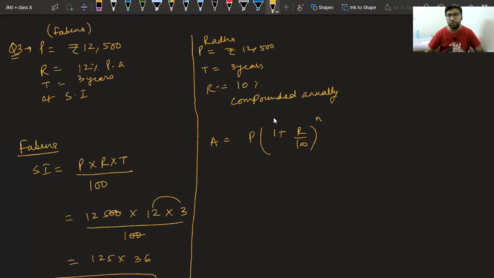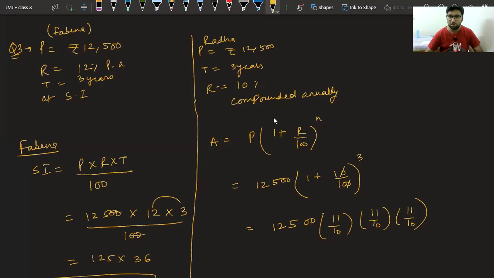Everything will be same. Principal is 12,500 into 1 plus rate 10 upon 100, whole power 3. As we can cut the zeros, cut them. We will get 125,000 into 11 upon 10, 11 upon 10, 11 upon 10.